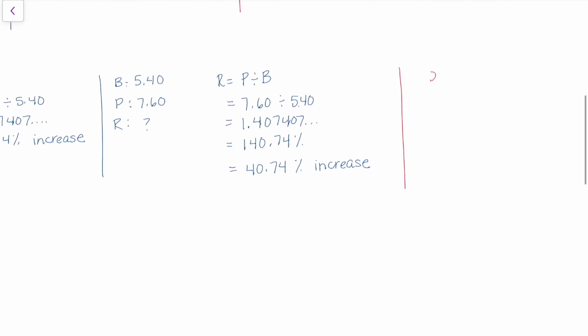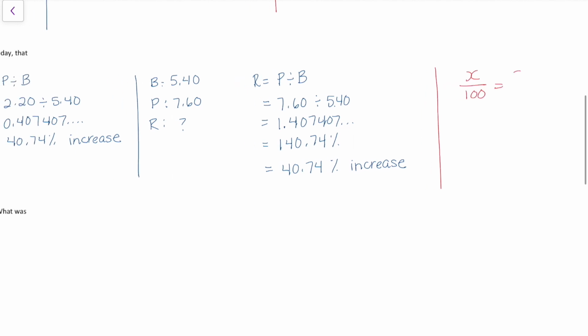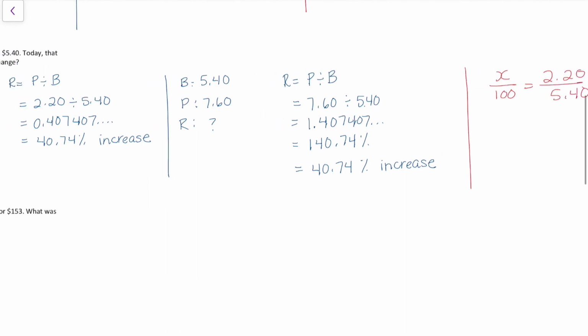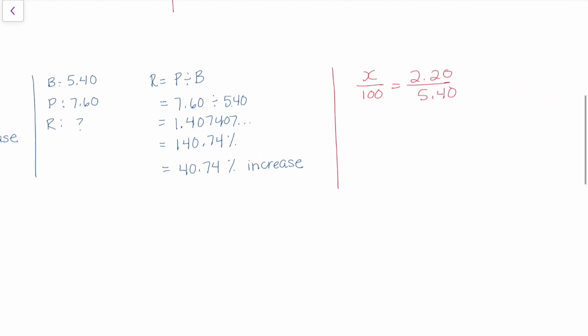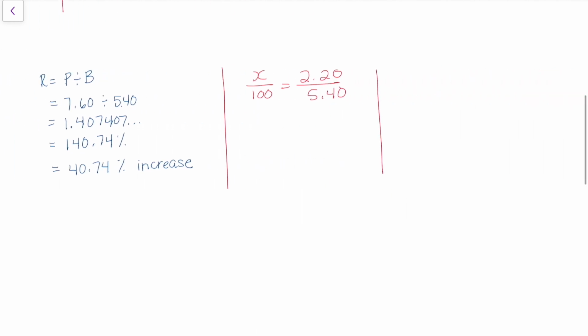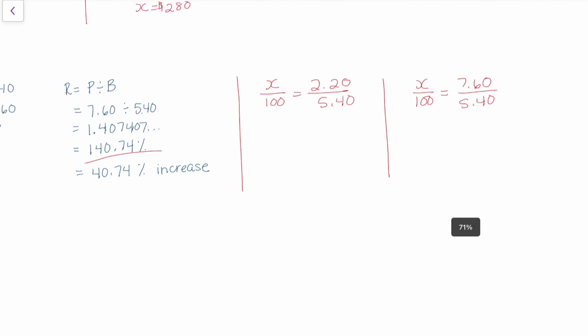You could do what percent out of 100 equals 220 over 540, and you could solve through to get right to your 40.74%, or you could have done what percent out of 100 is the new price out of the old price, and you would get to 140.74, and you would have to then subtract the 100% to see what the increase was.